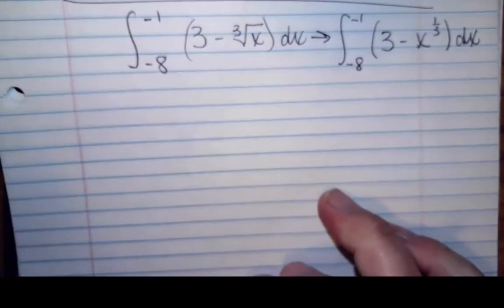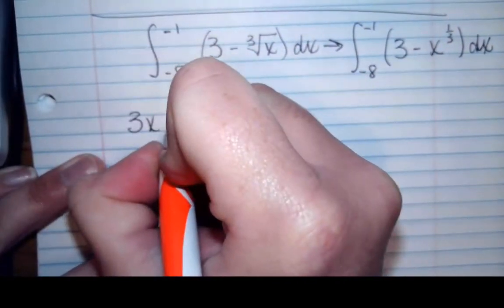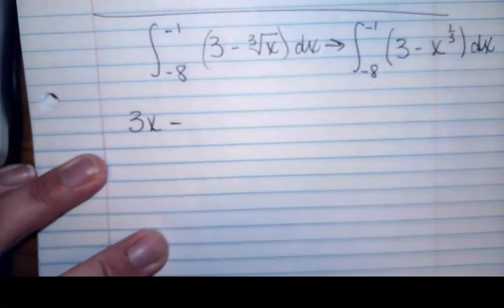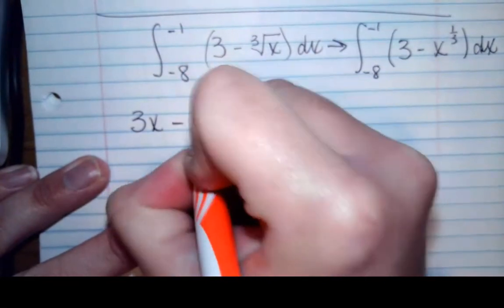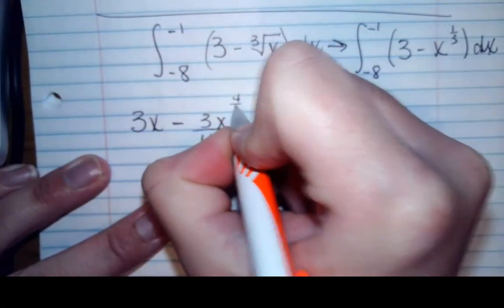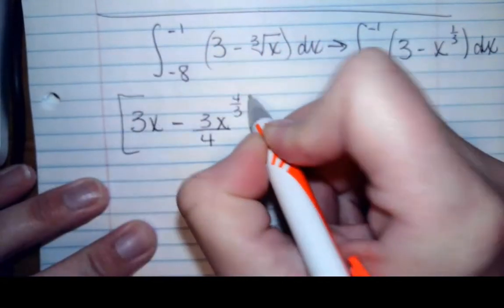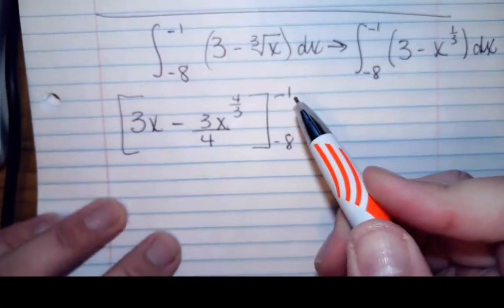And that just makes it easier. So the integral of 3 is 3x minus the integral of x to the 1/3, which is going to be x to the 4/3 over 4/3, which is times 3/4. So I've got x to the 4/3.